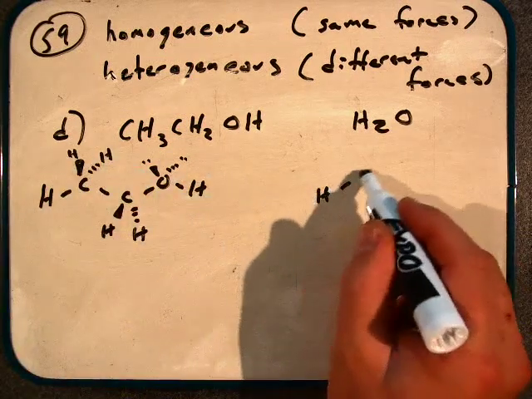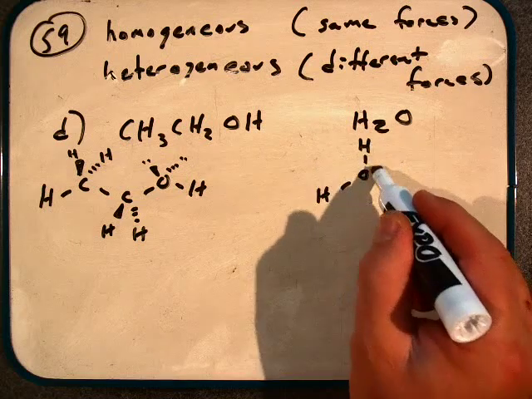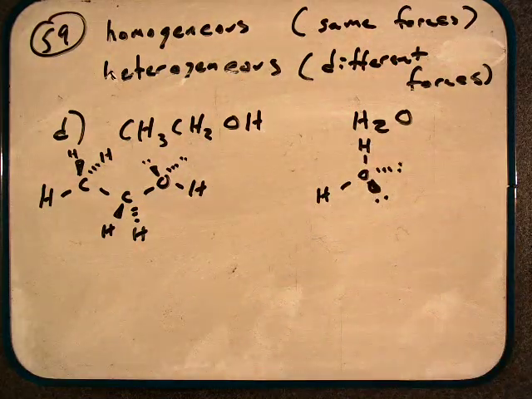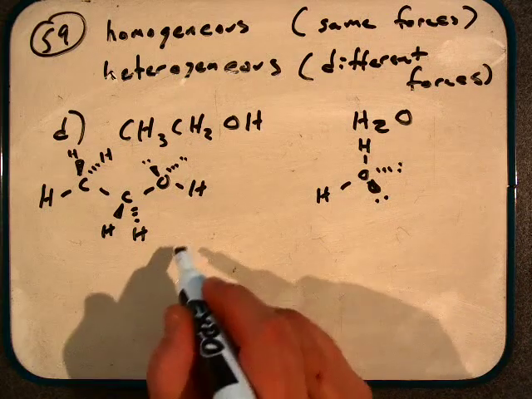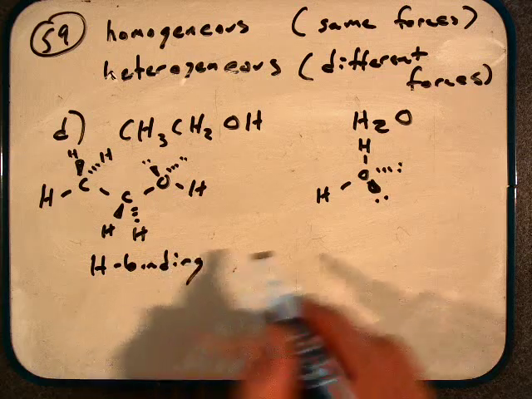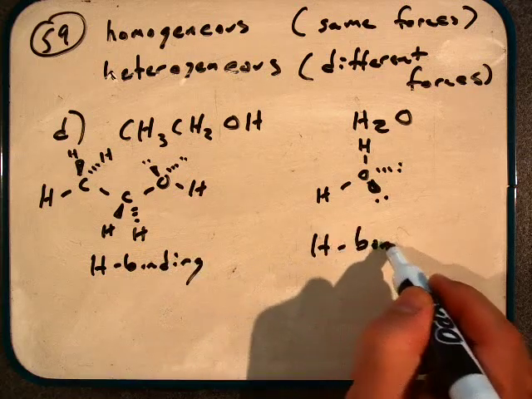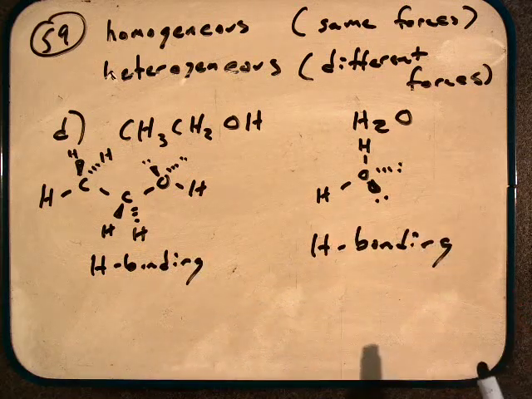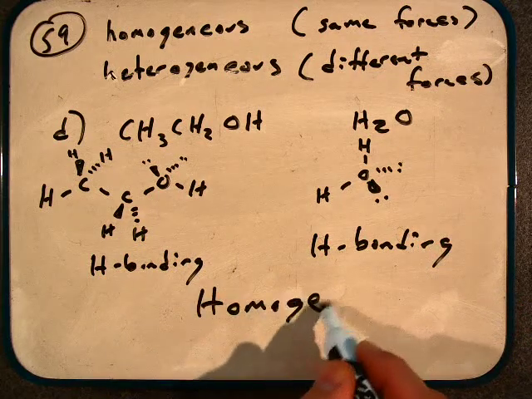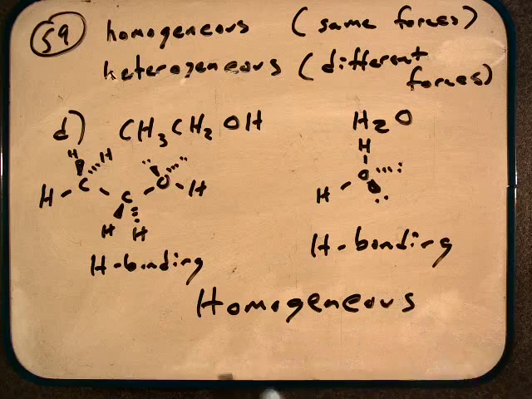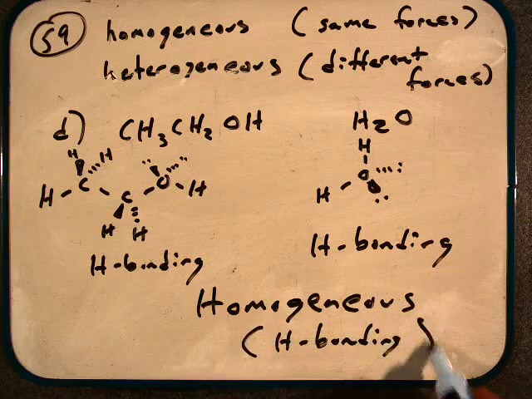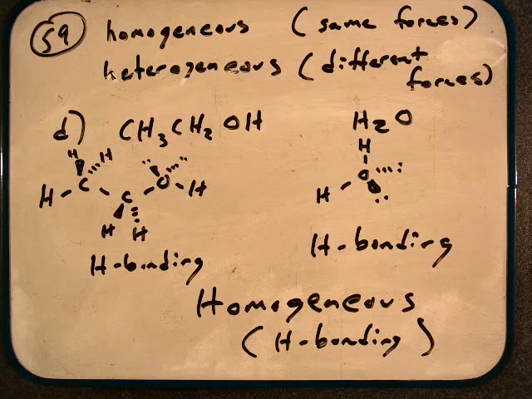And then we have water, which looks like this. And so we find that both of these are molecules that have hydrogen bonding as their force of attraction. And so as a result, we would also find a homogeneous solution, with the force of attraction creating that homogeneous solution being hydrogen bonding.